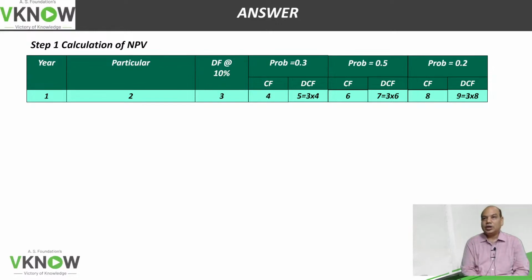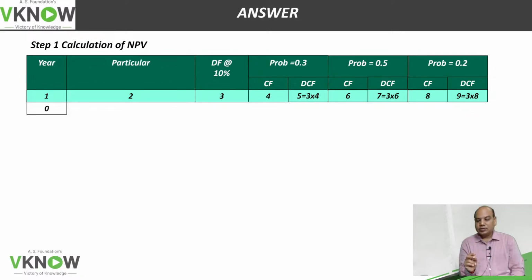So we will get three answers. First you write down column number 1, 2, 3, 4. Column number 5 is 3 into 4.